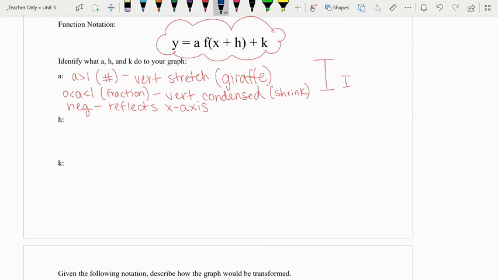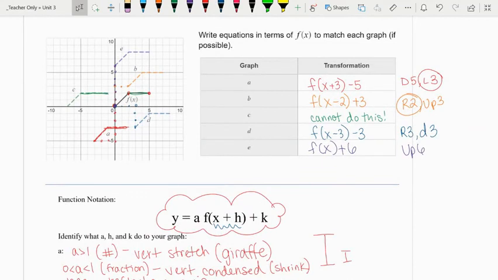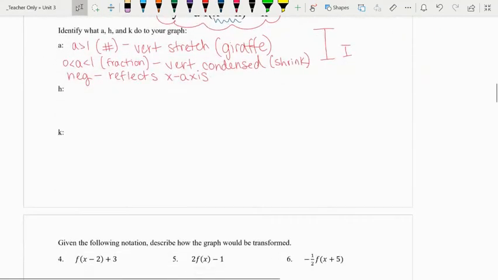Our h value, if you notice, is the one that's inside with x. Okay, hopefully, if you think about what we did up here, anything that was on the inside with x was actually moving it left or right. Okay, it moves left when it says plus h, and it moves right when it says minus h.